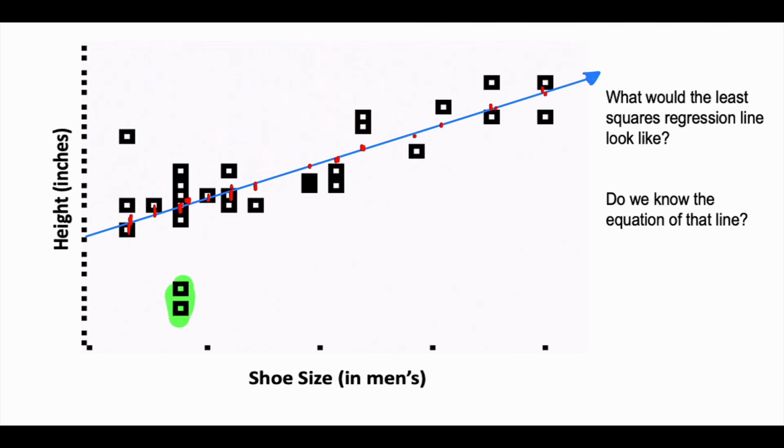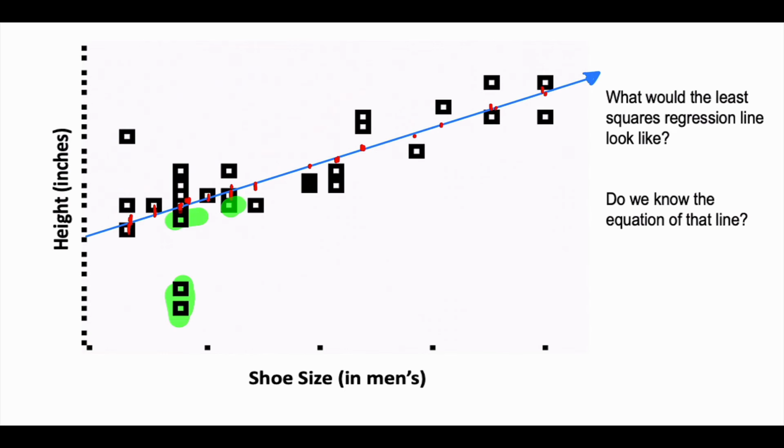Negative. Why negative? Below the predicted. So which one is higher for the green guys, the predicted or the actual? Predicted is higher. So if predicted is higher, is it going to have a positive or negative residual? Negative residual. Yep.